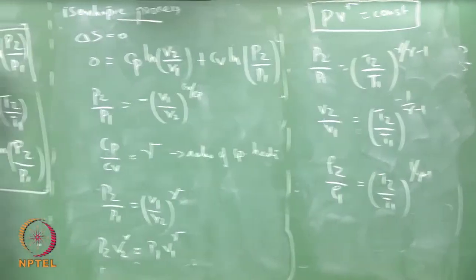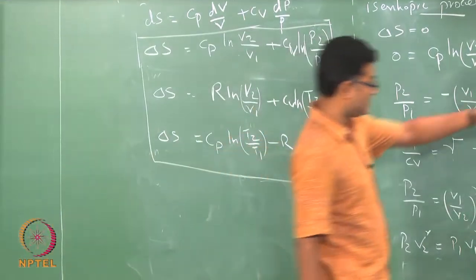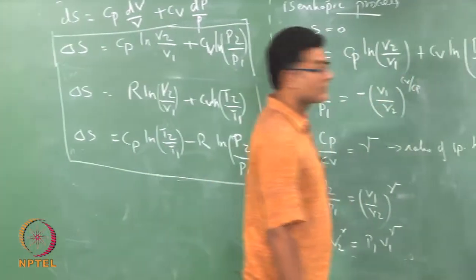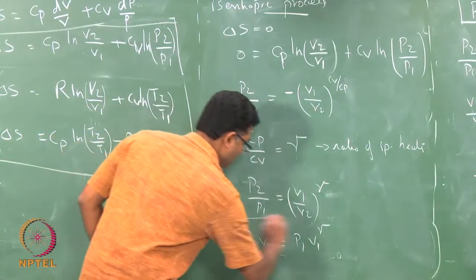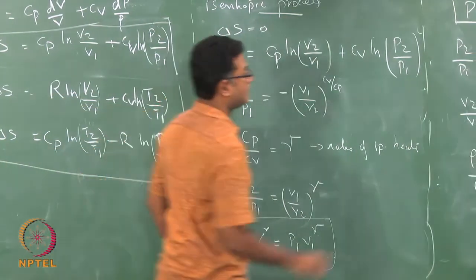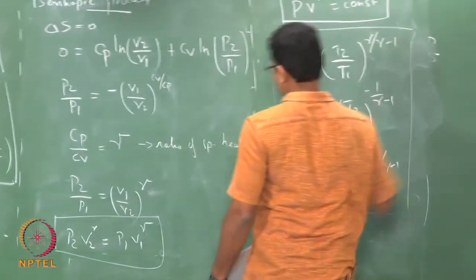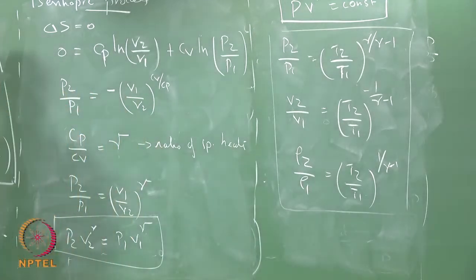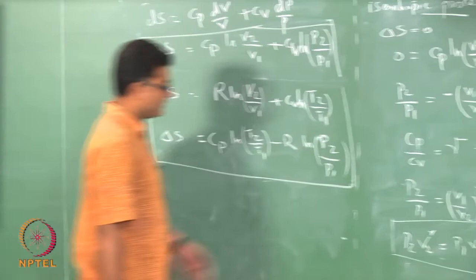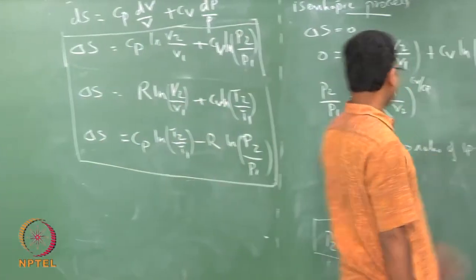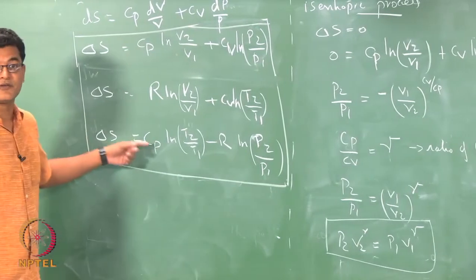From these, the other two equations, you can arrive at these relations. So for the isentropic process from 1 to 2, you could get these relations from your first law and second law of thermodynamics, which has been rewritten in this particular form.